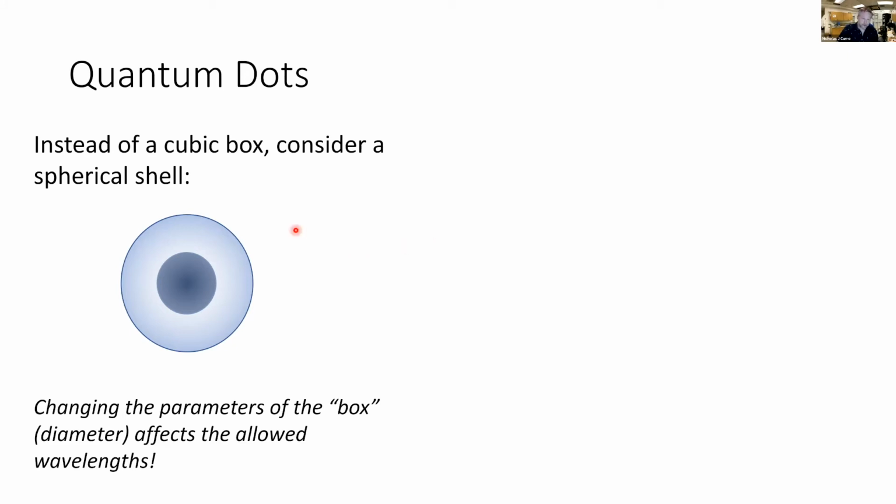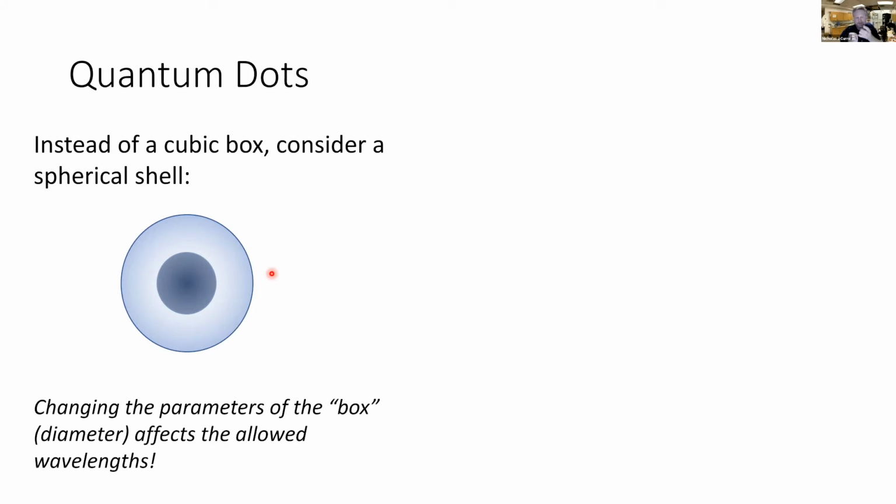So imagine that instead of a cubic box, you have a spherical shell. You have this region of space between an inner diameter and an outer diameter of a sphere where the electrons can live. You might create such a thing by making a tiny piece of material and surrounding it by metal.